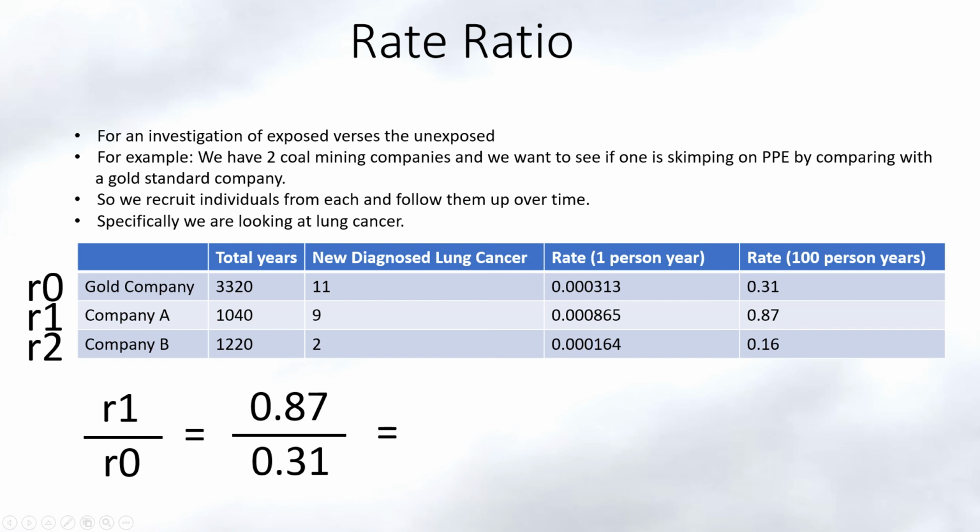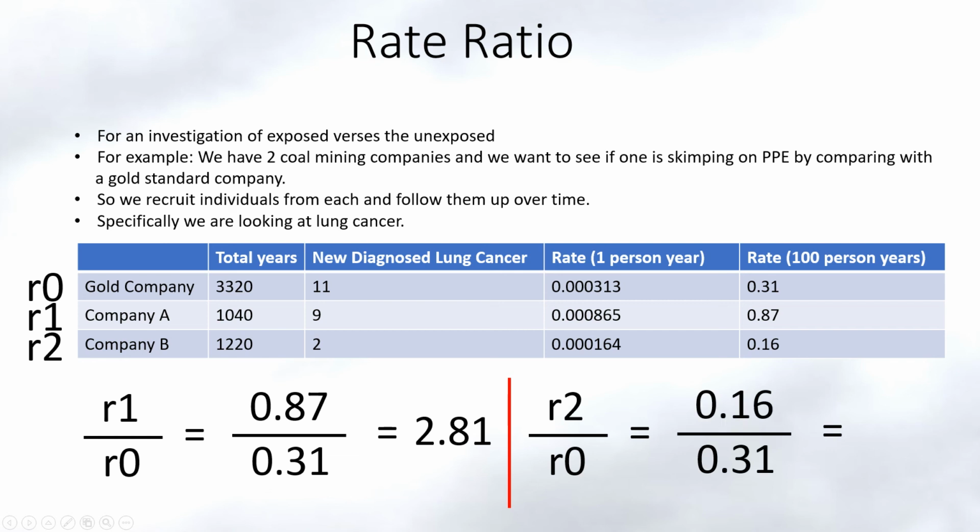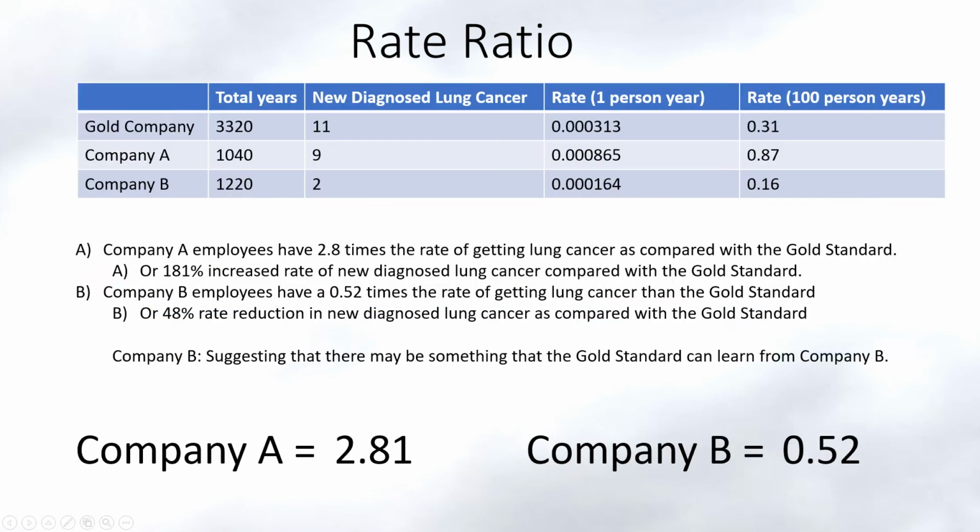0.87, which is company A, versus the gold standard, which is 0.31, gives you that. Then we've got R2 divided by R0, which is that and that. So, what do we get? Company A employees have 2.8 times the rate of getting lung cancer as compared with the gold standard. So that's an 181% increased rate of newly diagnosed lung cancer compared with the gold standard.